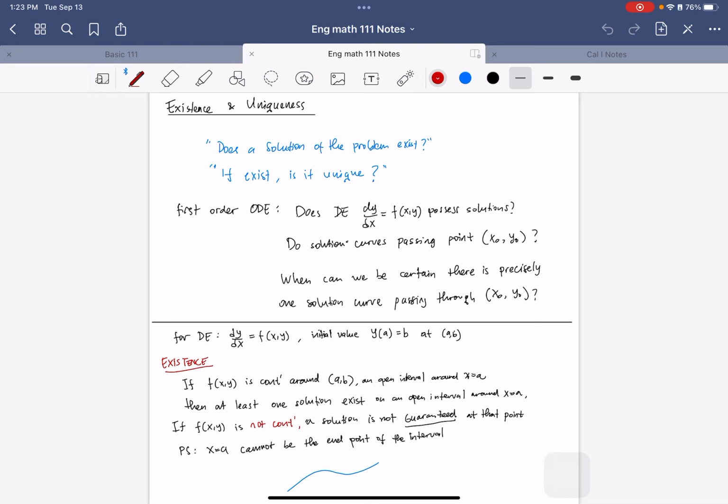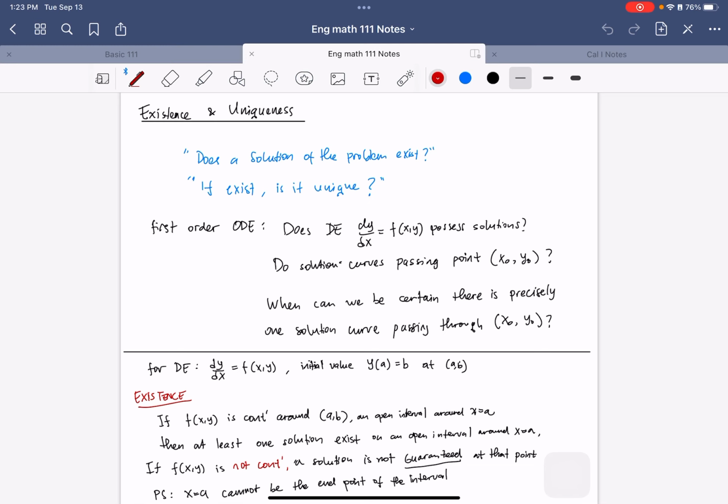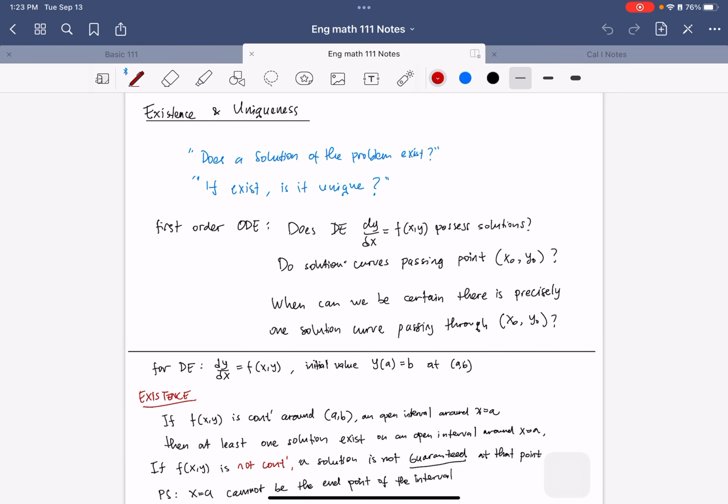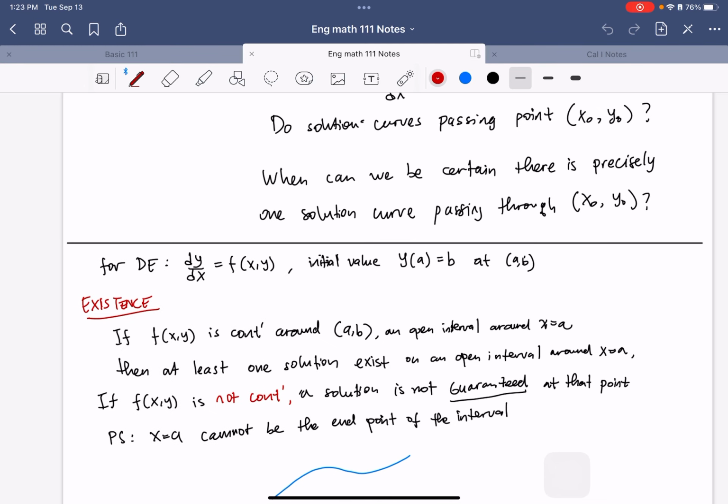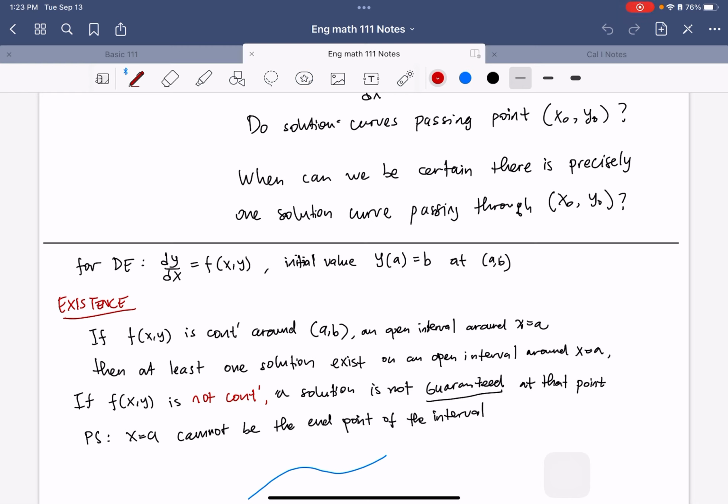Now let's get into our topics. Last week, we ended with existence and uniqueness. This happens when we have a differential equation and some initial conditions restricted to some points. We are going to check whether that initial value problem gives you some clue about how the solution should be.